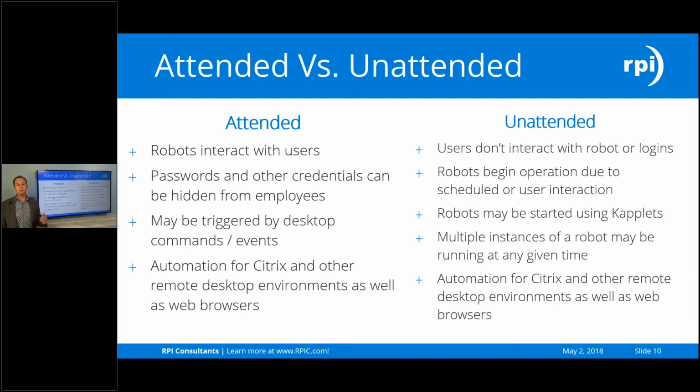It could be as simple as when a user opens up a remote desktop connection, that a robot actually selects the server to connect to, enters the credentials, and performs a variety of functions before the user goes back to performing their functions. So again, those robots can be triggered by an event or a desktop command.